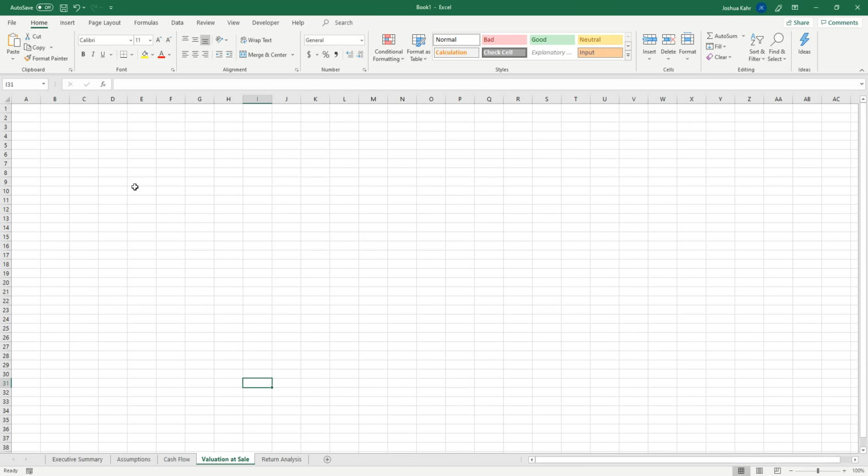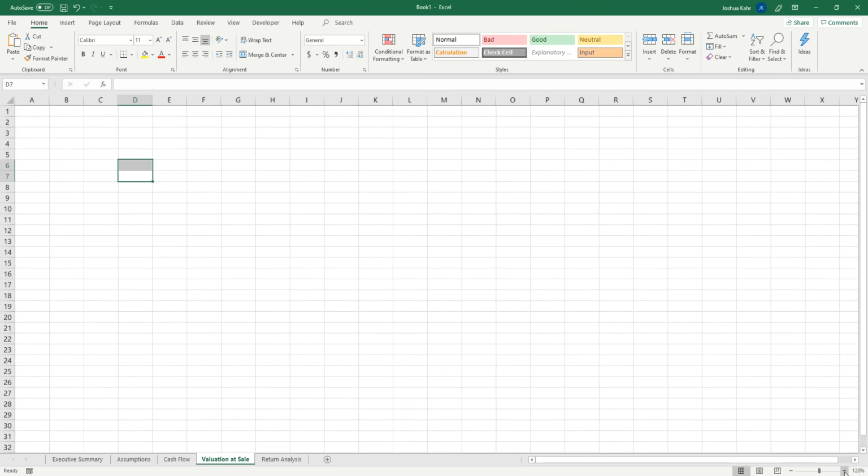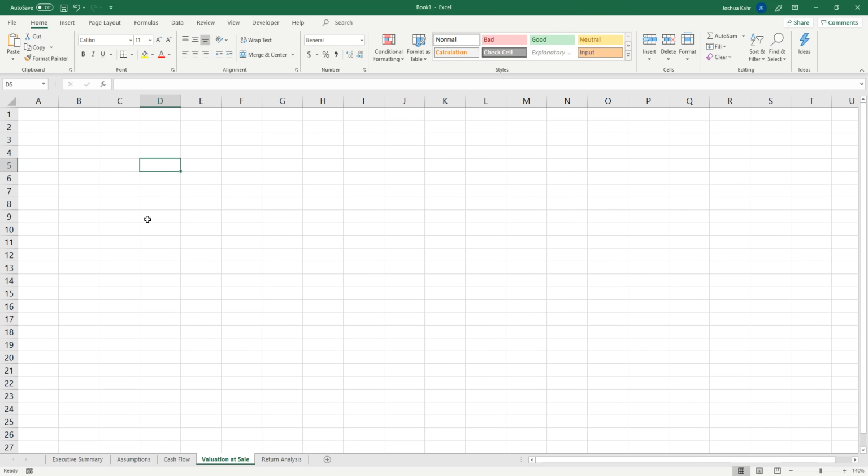So the valuation will be, again, making this a little bit bigger, and I'll call this valuation at sale. And I could say this is NOI year 6, and this is a cap rate. The cap rate in this case was, again, 8%.